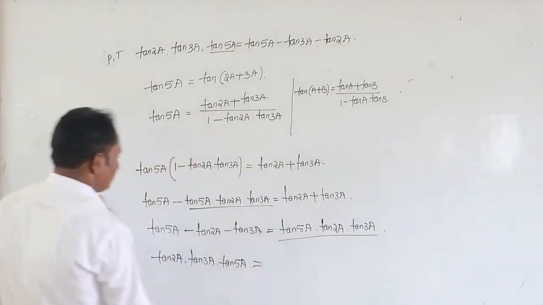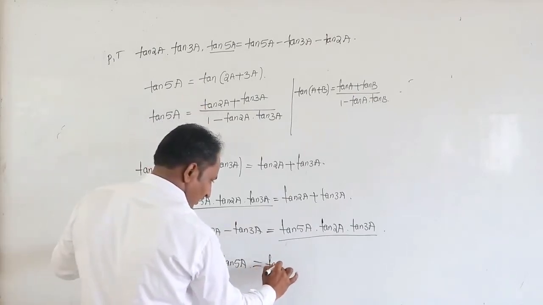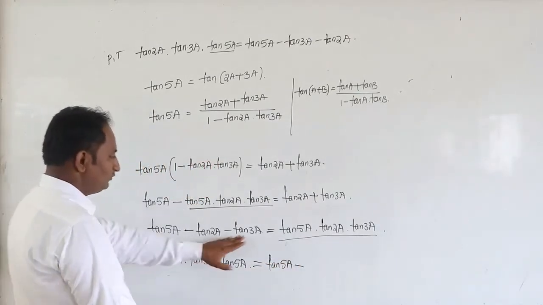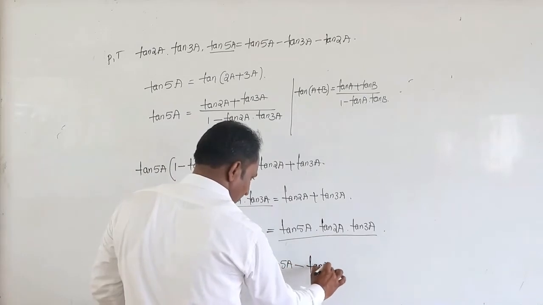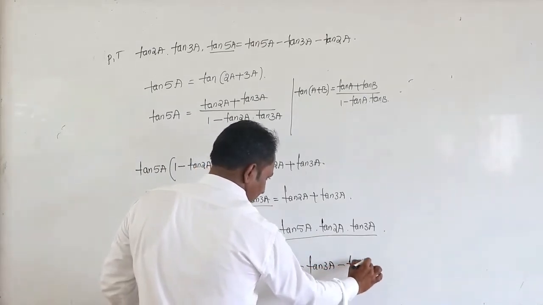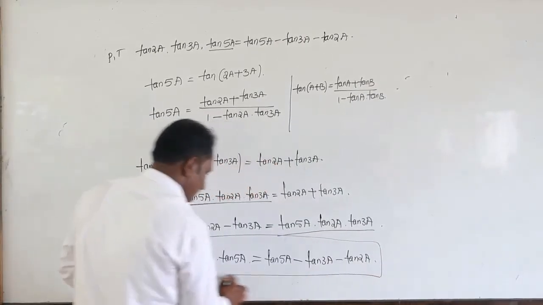Then it is equal to tan of 5a minus tan of 3a minus tan of 2a. Here, this is our final result.